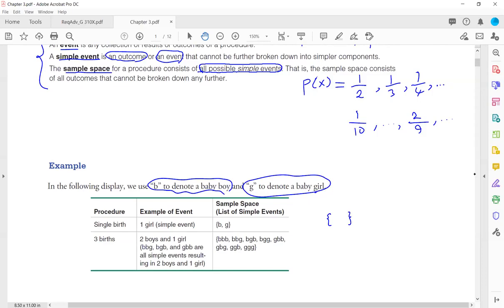The second procedure is 3 births. You can say an event can be having 2 boys and 1 girl.